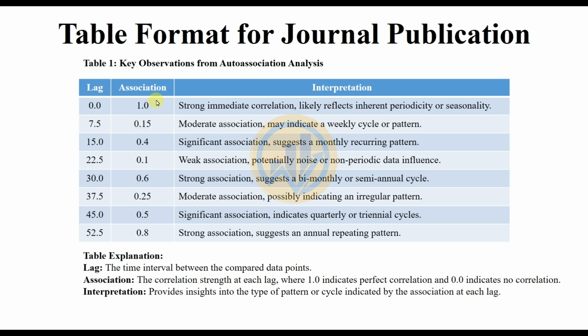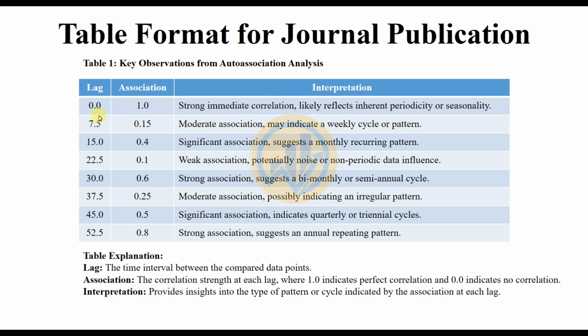The association is the correlation strength at each lag, where 1 indicates perfect correlation and 0 indicates no correlation. The interpretation column provides insight into the type of pattern or cycle indicated by the association at each lag.